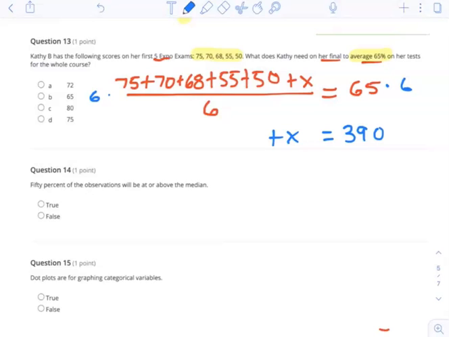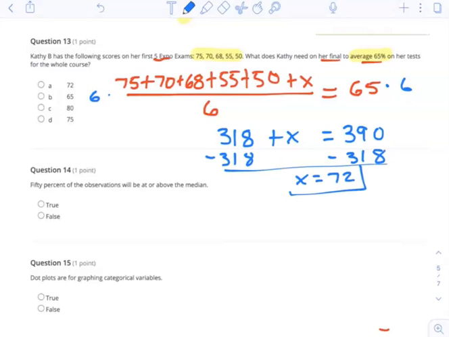If you do that, then you end up with 318. Well, then subtract 318 from both sides. You get that x has to be 72. So she needs a 72. Kathy needs a 72 on her last test in order to get a 65% test average.